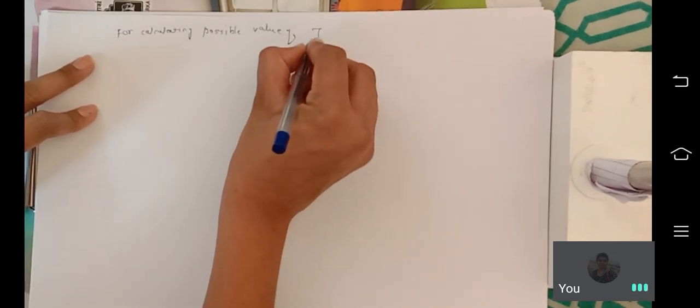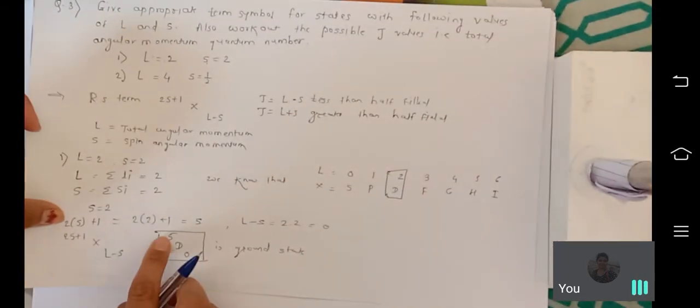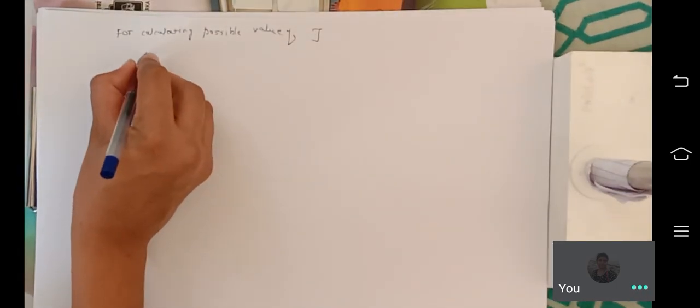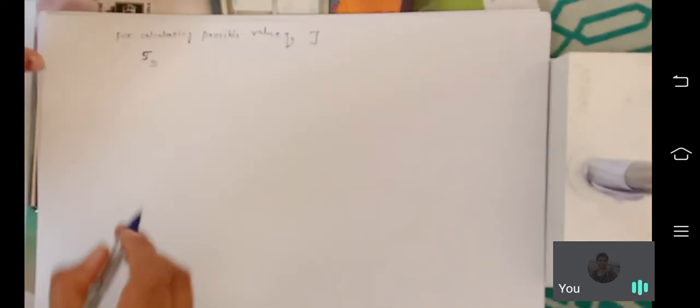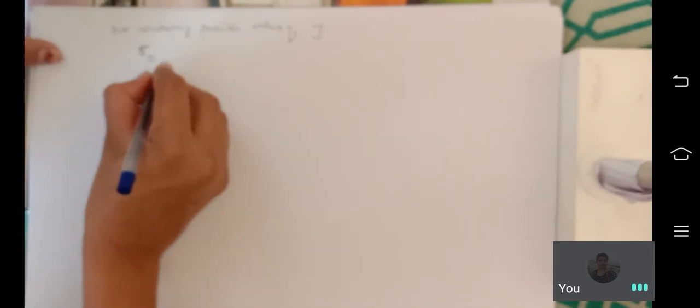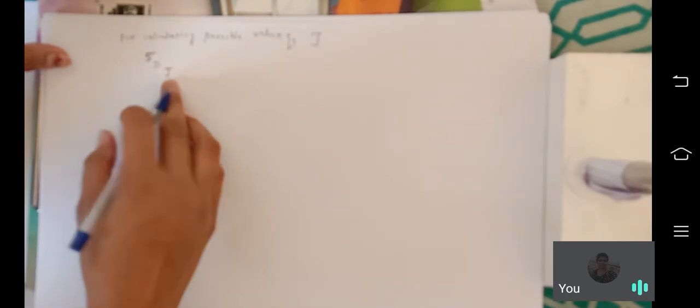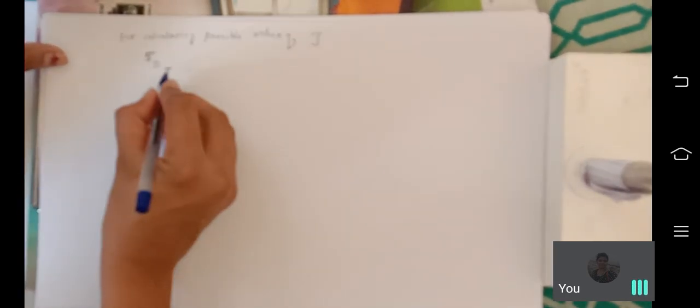What is the ground state term? The ground state term is quintet D. Here you don't know whether L minus S or L plus S is there, so you have to write J.